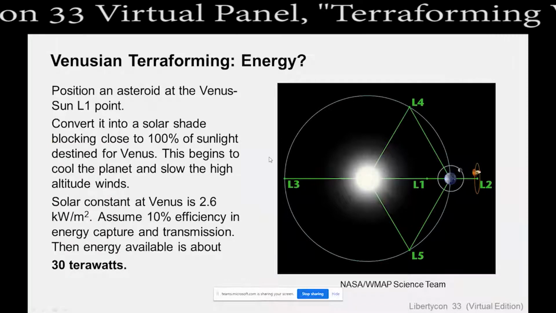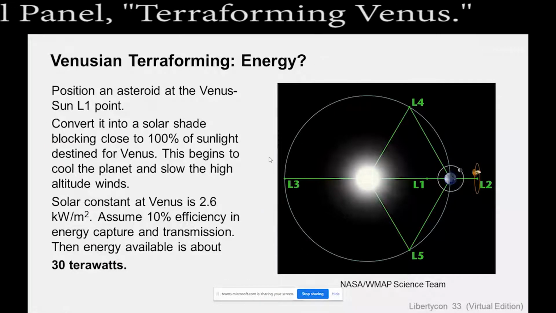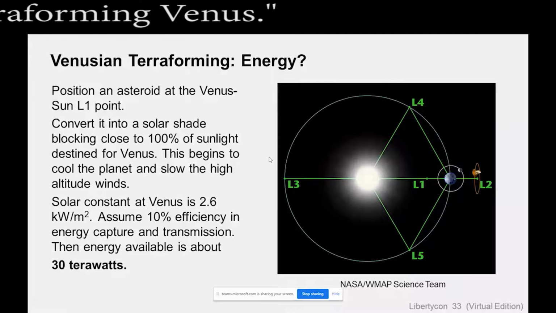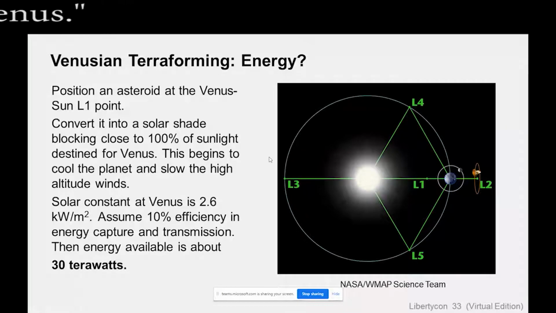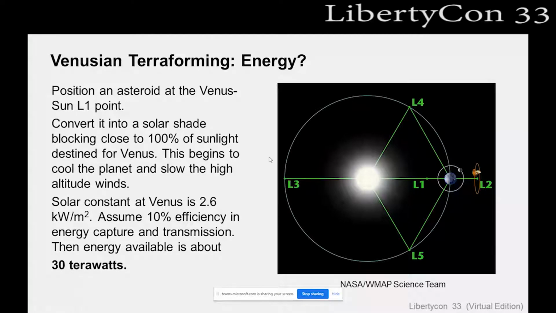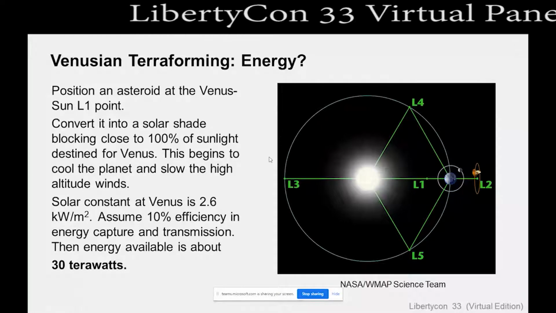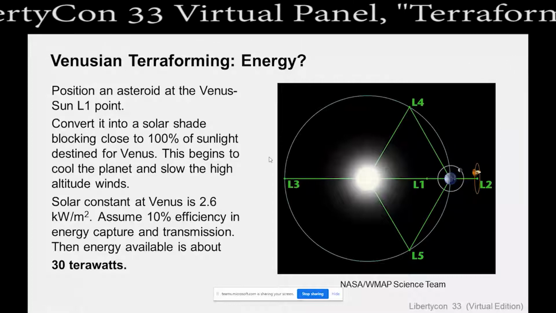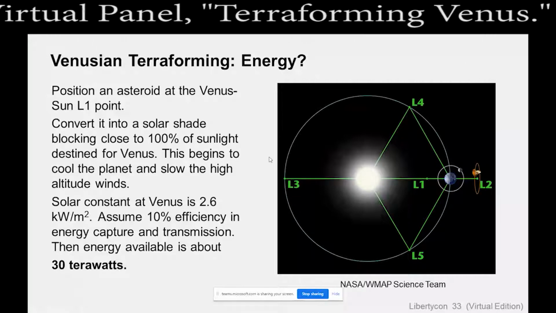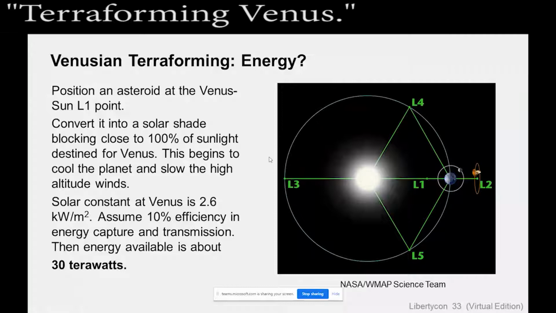Before we get too far into the various terraforming schemes, let's talk about the Sun-Venus L1 point. That's a point on the line between the planet and the sun, where because of gravitational interactions, it's actually stable. You can put something at that point and it will remain at that point.